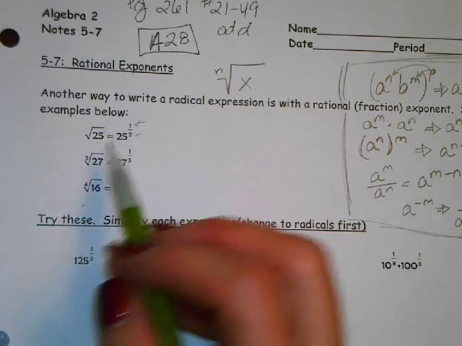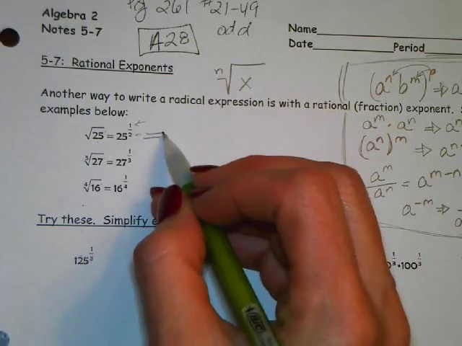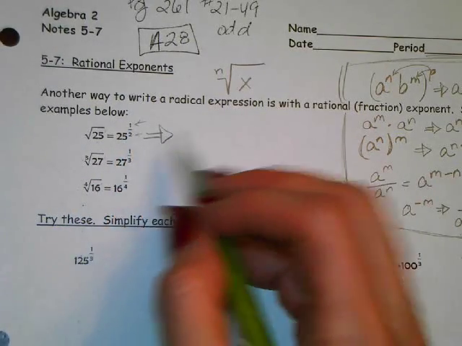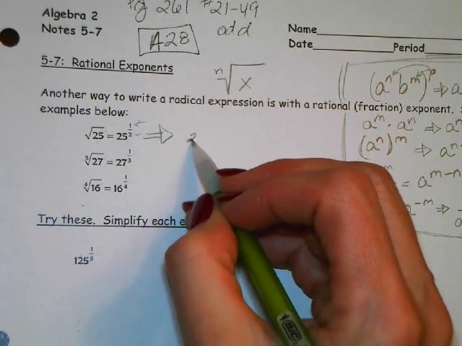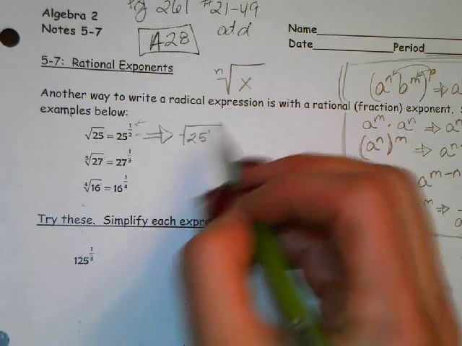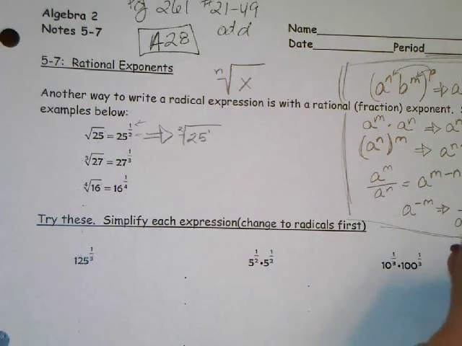So by knowing this form, we also could go the opposite way. If I see 25 to the 1/2, I could rewrite that knowing that this is the exponent of the radicand, so it's 25 to the 1, and then I do the radical sign, and the denominator becomes my index.